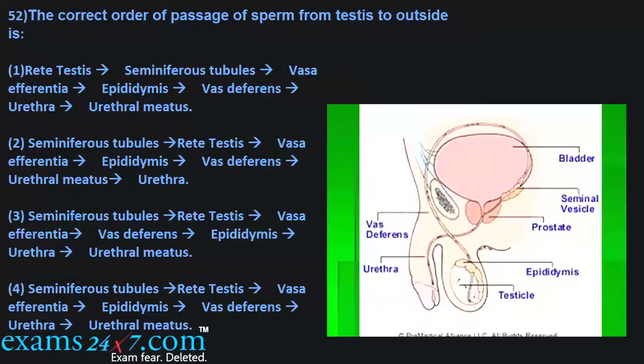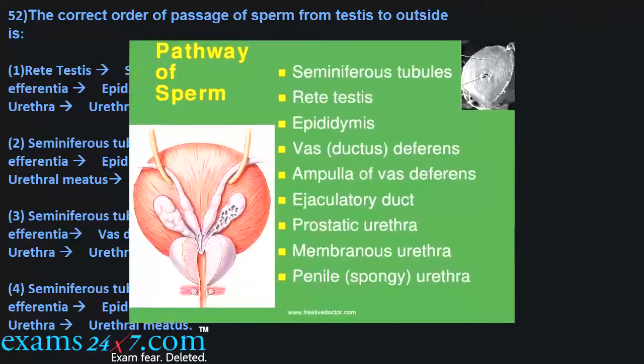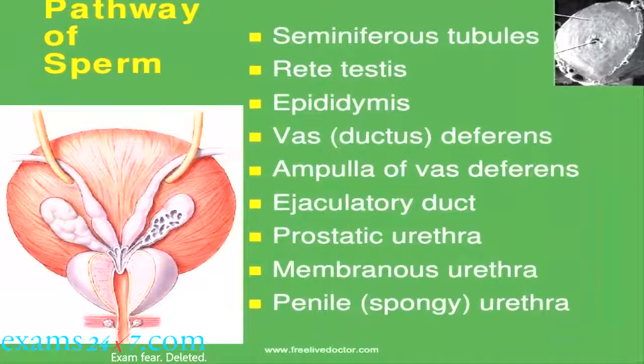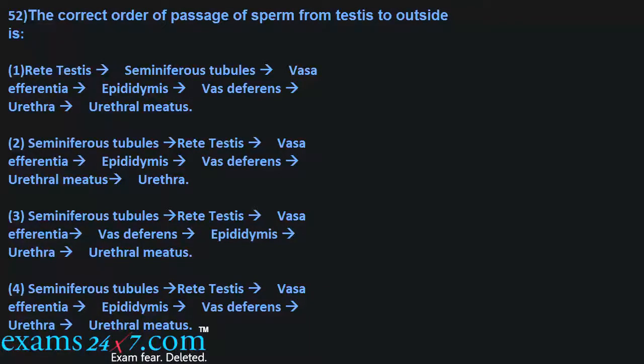Now we move to the question number 52. The correct order of passage of sperm from testis to outside is. I hope all of you know. Testes are going to have testicular tubules, which are going to be around 250, and each testicular tubule is going to have 1 to 3 seminiferous tubules.